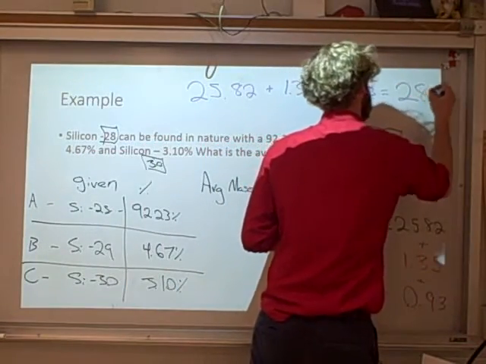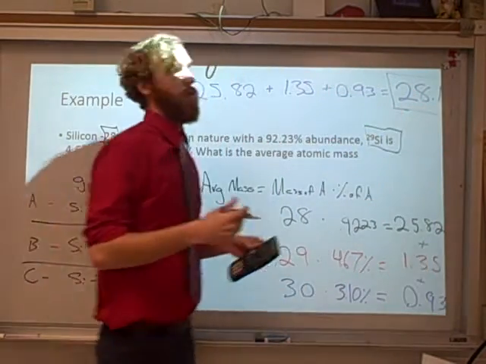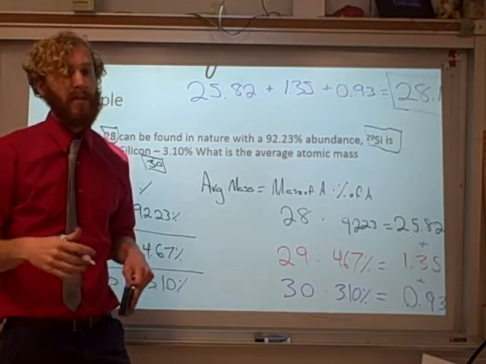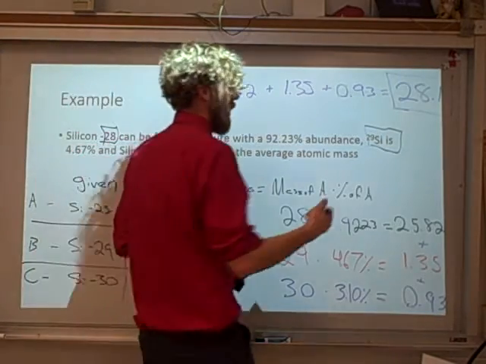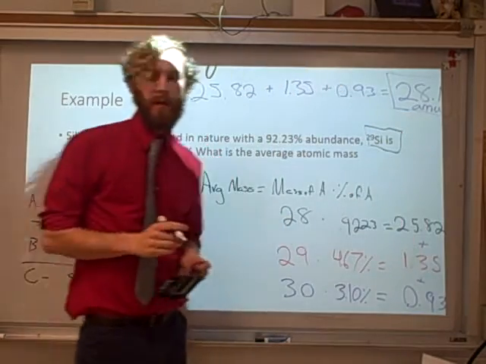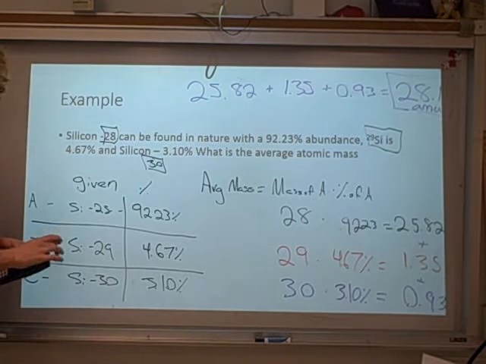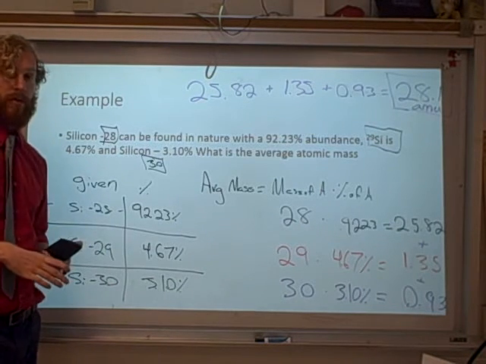So we know that our average atomic mass is 28.1. Now the units for atomic mass are simply AMU, atomic mass unit. And that is how you calculate the average atomic mass. We'll do one example in class, and then we will do a lab.